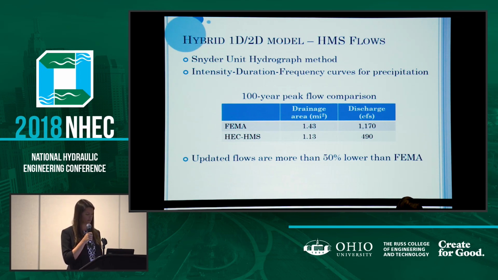We used HEC-HMS with the Snyder unit hydrograph method and PennDOT's IDF curves for precipitation to calculate the 10, 50, 100, and 500-year events. The updated flows were more than 50% lower than the published FEMA flows and were more reasonable for the watershed's size and characteristics. The HMS model was also beneficial because it gave us a hydrograph for the unsteady simulation that we would be running in HEC-RAS.